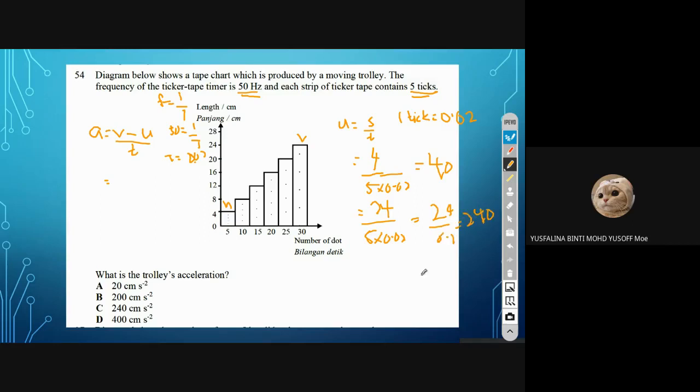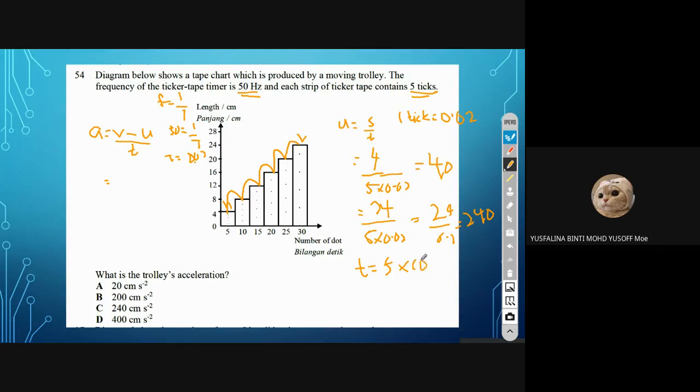250. Okay, how about the time here? For the time, we just need to jump 1, 2, 3, 4, 5. So 5 multiplied by, each ticker tape is how many seconds?